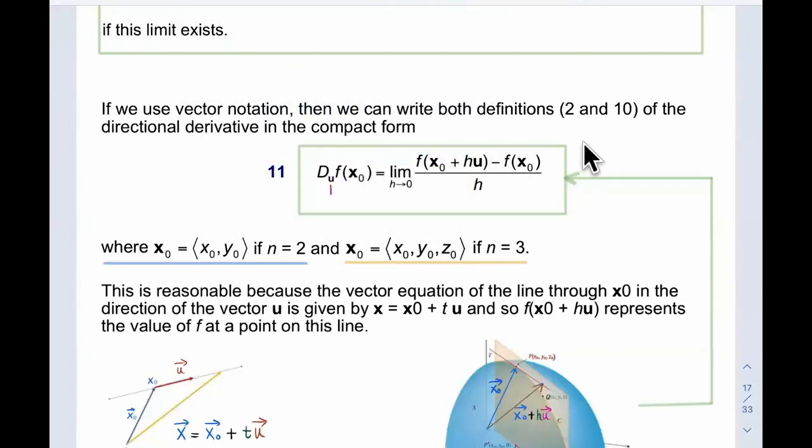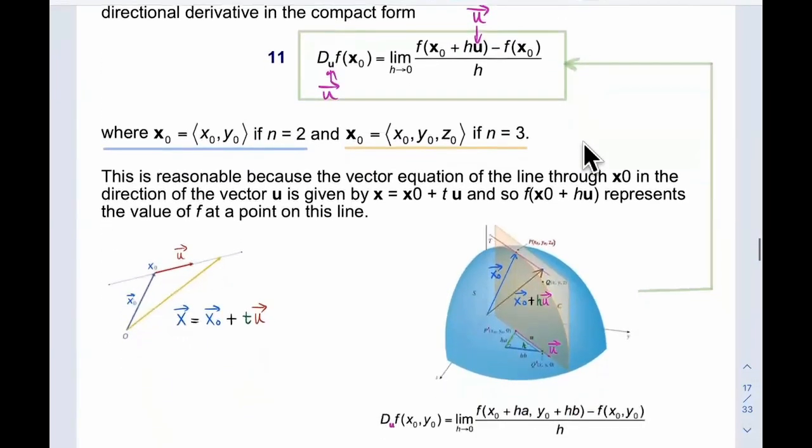So it's the vector x naught plus a scalar multiple of the direction vector, subtracting this. Now this one looks very similar to the definition of the derivative, right? So this applies when the function is a function of two variables, three variables, or even more variables.